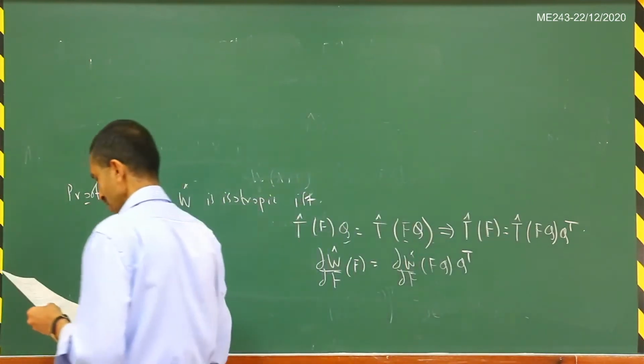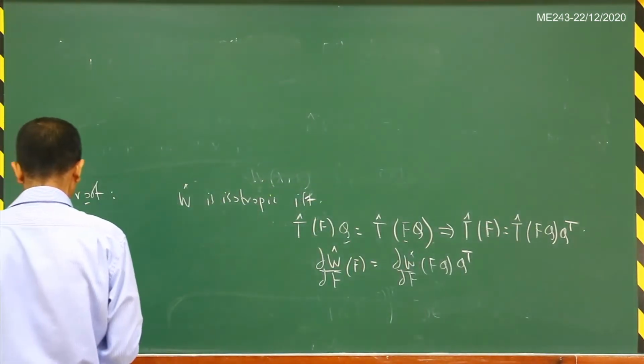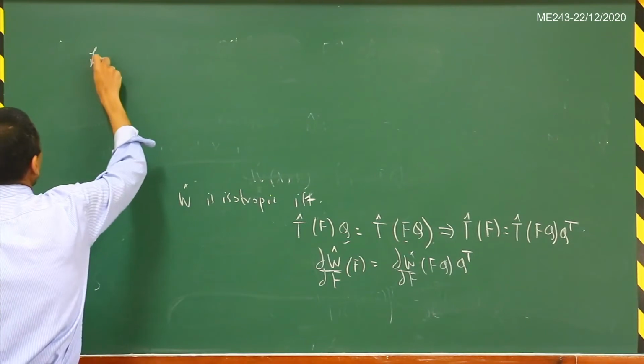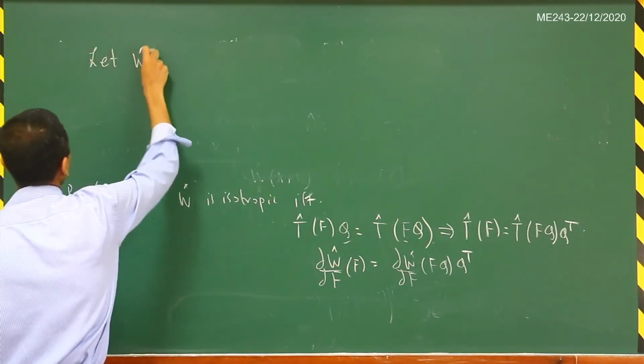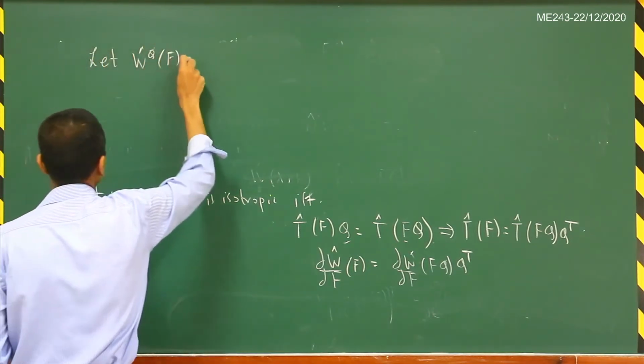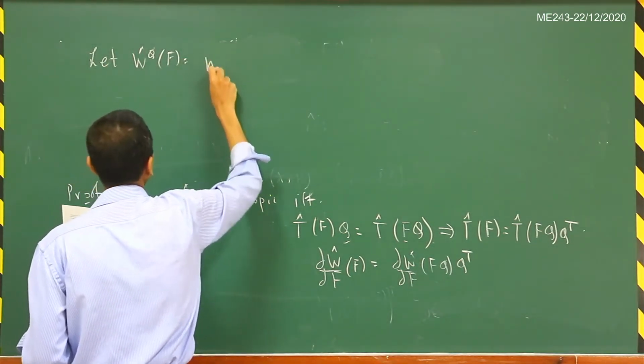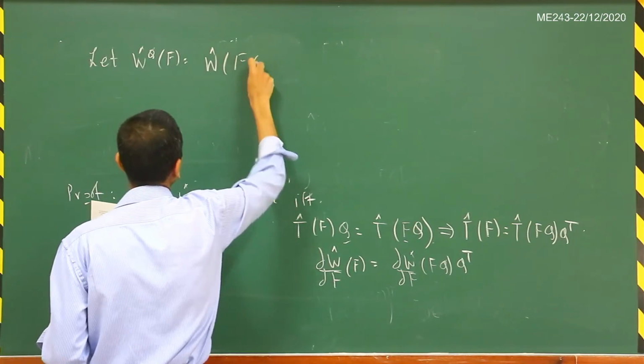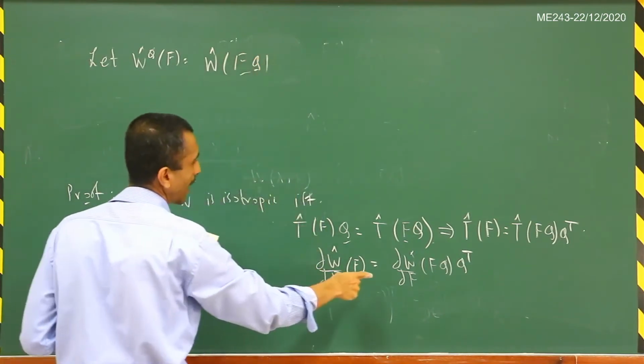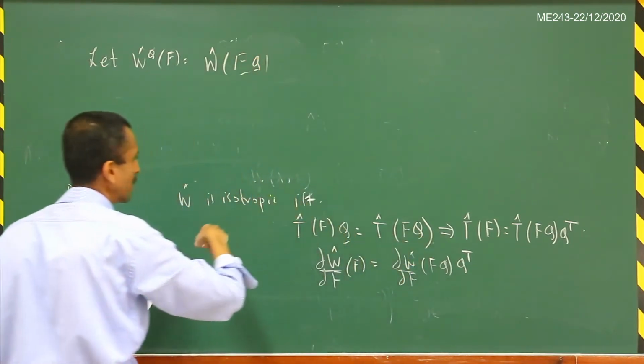So let me just go over that proof very quickly. Let W hat Q of F be equal to W hat of F Q. We are dropping the dependence on X just for notational convenience here.